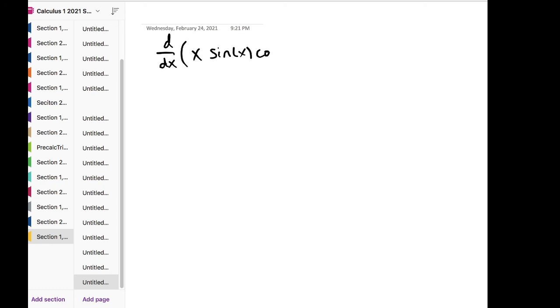Okay, what do we do here? Sine of x times sine times cosine. Do I have a product rule for three functions? Do I need to make a rule for the product rule of three functions?